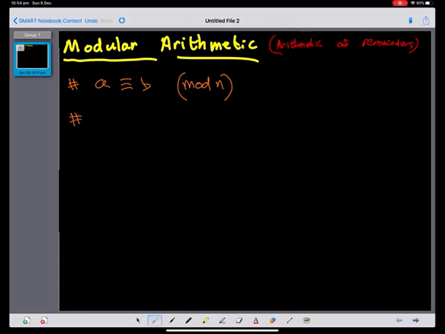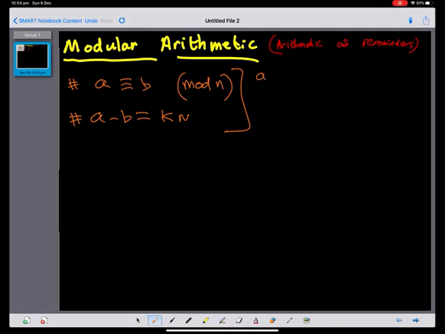Well, if A and B are congruent mod n, we can subtract this and say A minus B is some multiple k of n. We need to define what values A, B, n, and k can take.